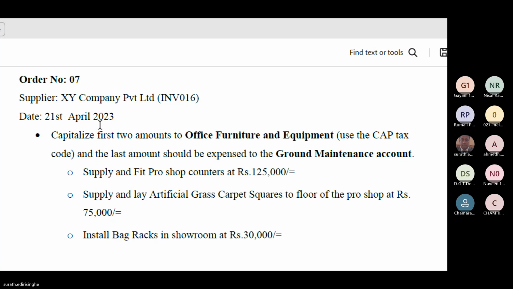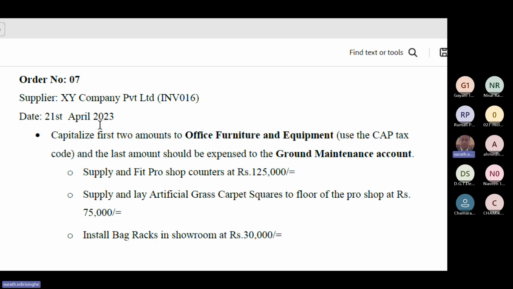Step number 2: raise the purchase order to purchase the fit for shop counter machine, artificial grass carpet, and bag racks.